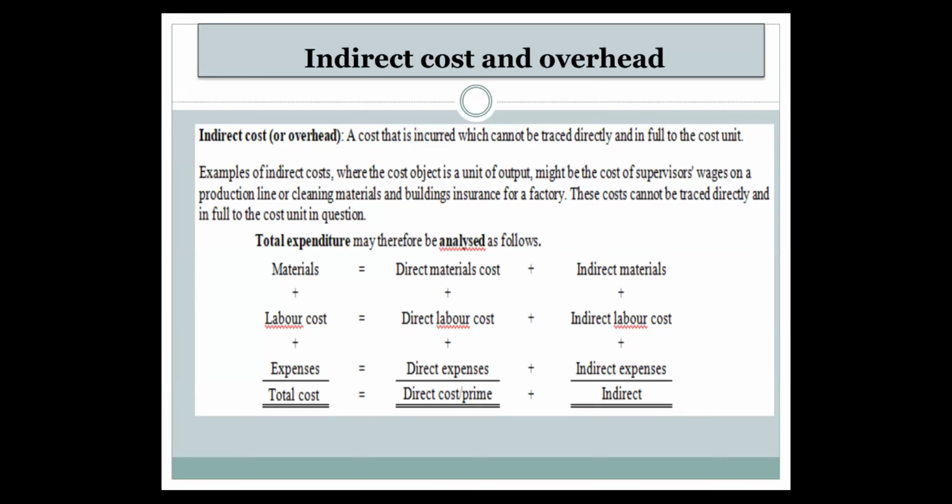So we can say easily that a cost which cannot be directly or fully traced to the product is known as indirect cost.